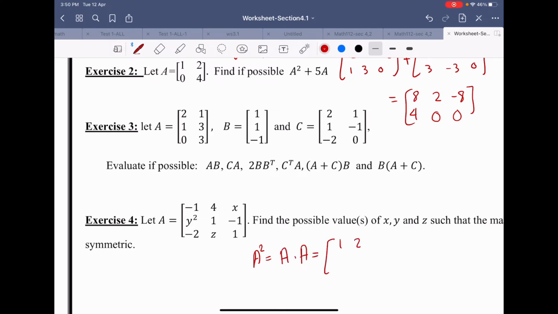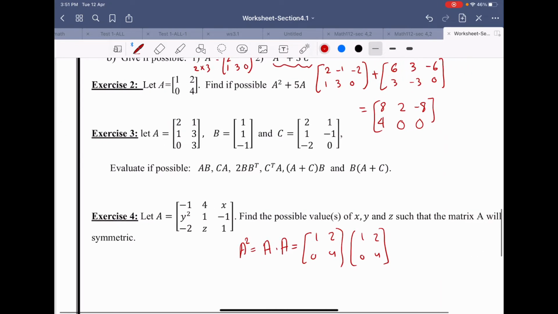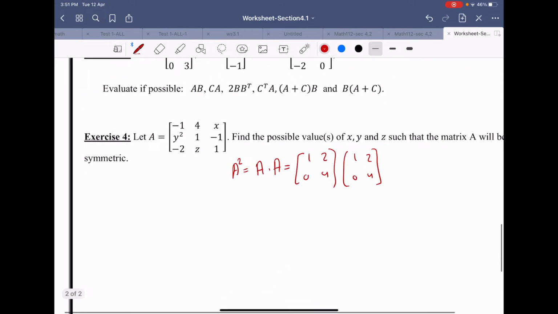So 1, 2, 0, and 4, I will multiply with 1, 2, 0, and 4. I will take this row with this column: 1 times 1, 1, plus 2 times 0, which is 0, so the answer is 1.